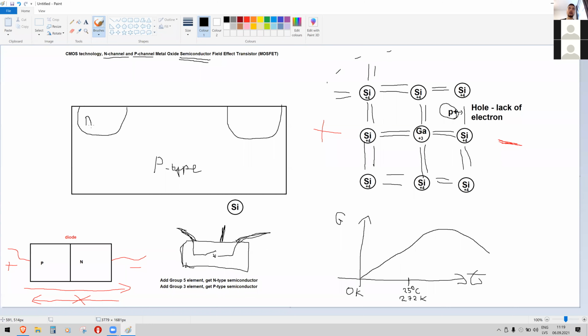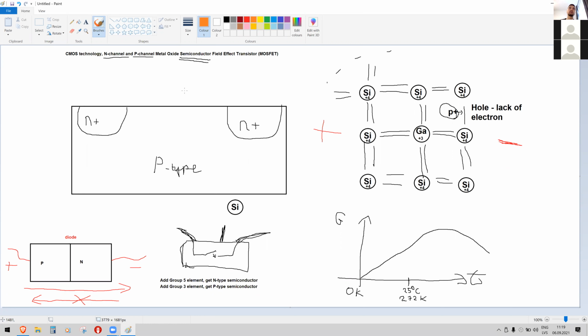And we write this N and we add a little plus, which means heavily doped N. Or was it minus? I don't know. But generally, initially it was all P, but we just added so much phosphorus in this region that phosphorus overruled gallium, and it becomes N regions, 2 N regions.